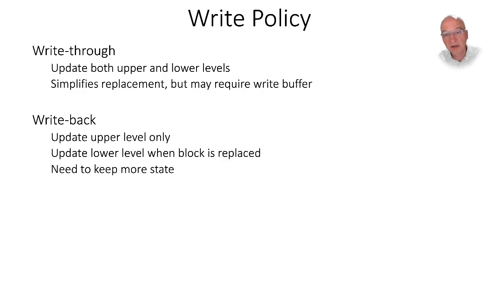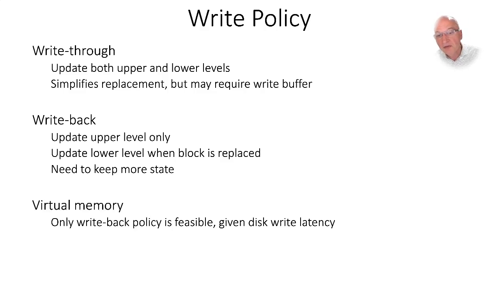I need a dirty bit, so I need to keep more state. I need a dirty bit to mark the entries or blocks that have been changed. In virtual memory, only the write back policy is feasible because of the latency. The latency is the amount of time that it takes to write to the disk. It's too high, so the only policy that makes sense is the write back policy.